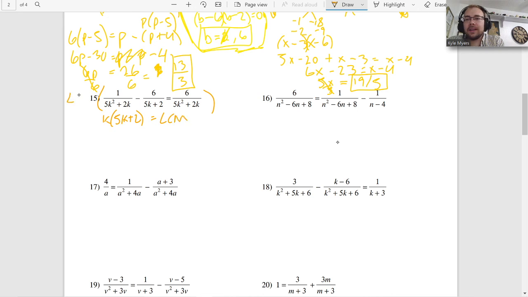We want to multiply the LCM all around to everything. And we have 1 minus 6 parentheses because there's a k. We don't really need the parentheses necessarily, equals 6. So we would get negative 6k equals 5. K equals negative 5 over 6.